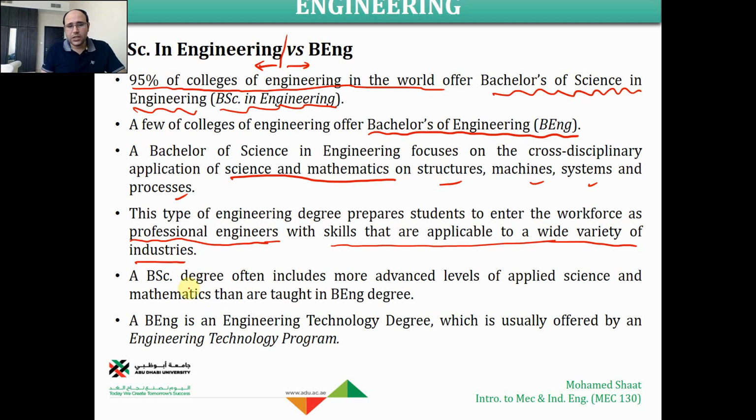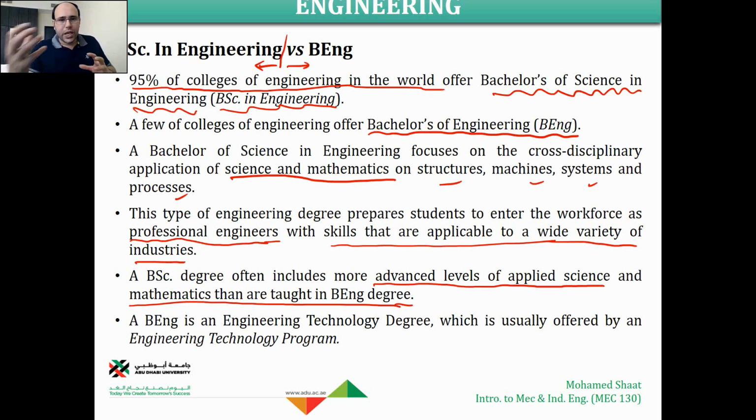A Bachelor of Science in Engineering degree often includes more advanced levels of applied science and mathematics than are taught in the Bachelor of Engineering degree. It is a more advanced level. You could say that the Bachelor of Science is a more advanced study that depends on theory in addition to the application of these theories, on the basic science in addition to the applied science.